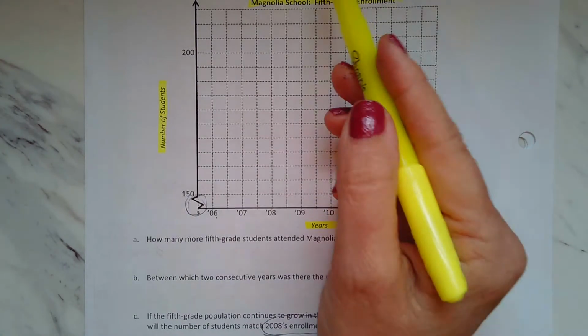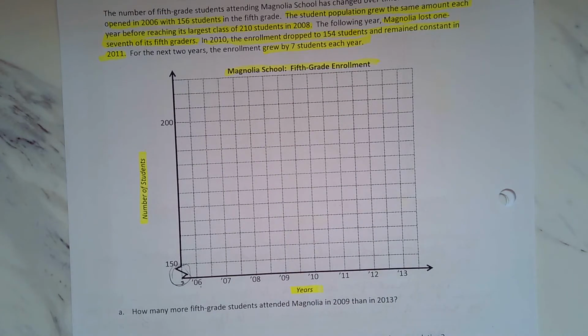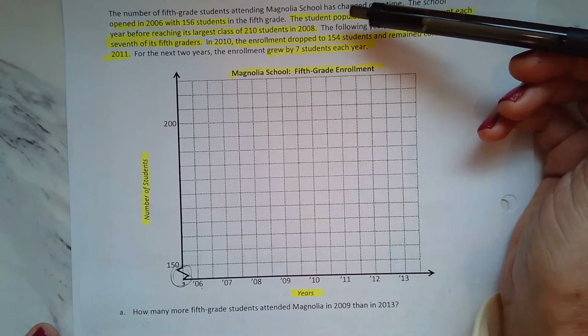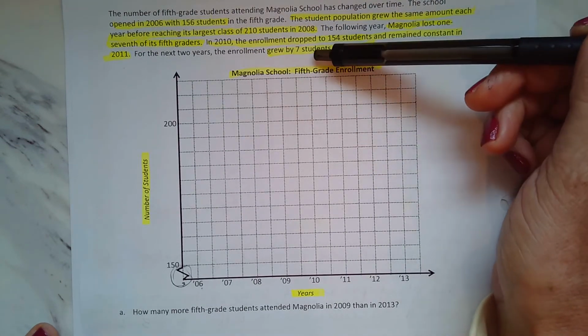So remember, there was a 1/7 here, taking what is 1/7 of the population. All right, so what you're going to do is start out by plotting 1, 2, 3, 4, and 5.